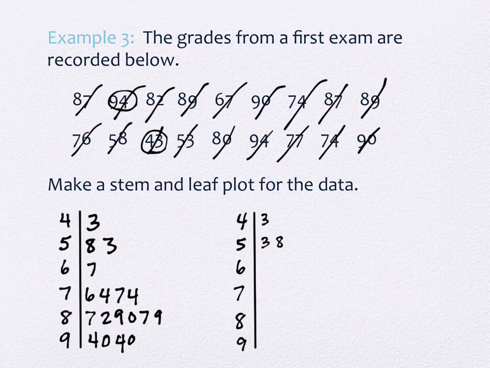The 60s, I have just one of them, 67. The 70s, I have a 6, a 4, a 7, and a 4. So there's two 4s, so I'll put them first, and then I have 6 and then 7.